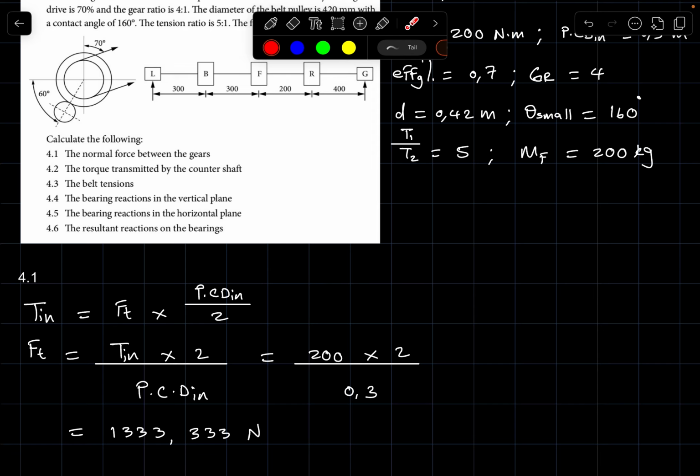The way you do that is you look at how your gear system is aligned here, and it is making an angle of 60 degrees from the x-axis in the third quadrant. So if this is 60, this angle here is 30 degrees.